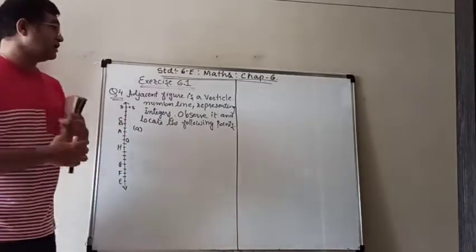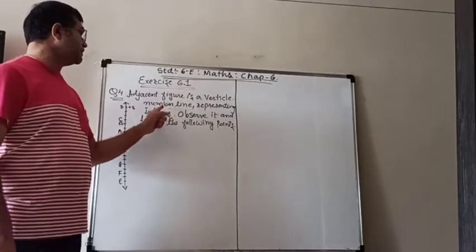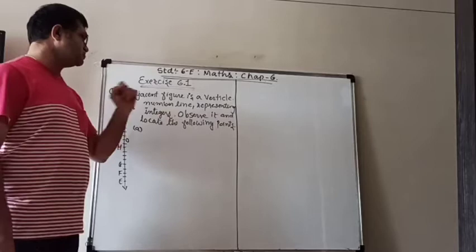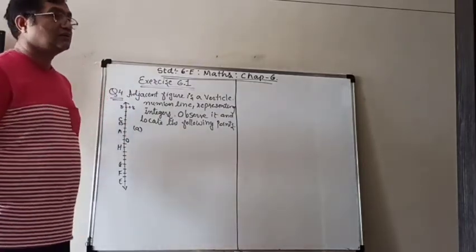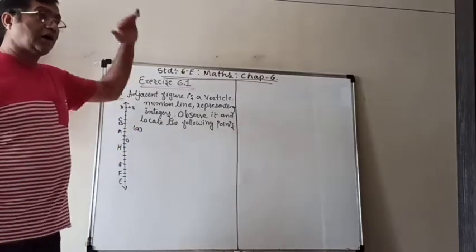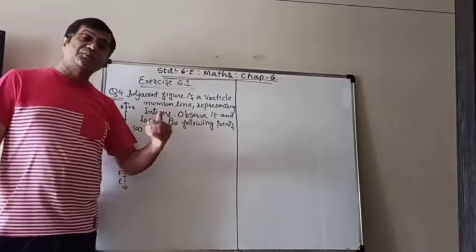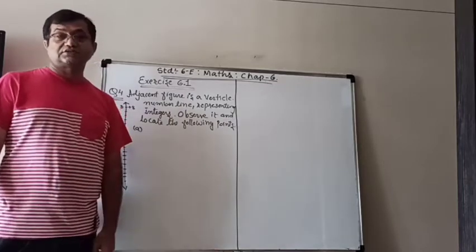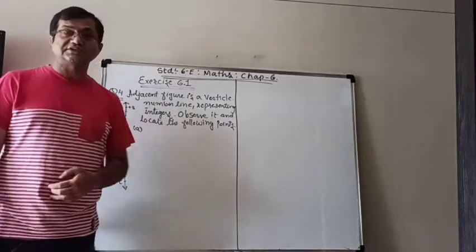vertical number line. Look here, the adjacent figure is a vertical number line representing integers. In a vertical number line, 0 is in the middle, and on the upside of the 0 we write down positive integers, and downwards from 0 we write down negative integers.